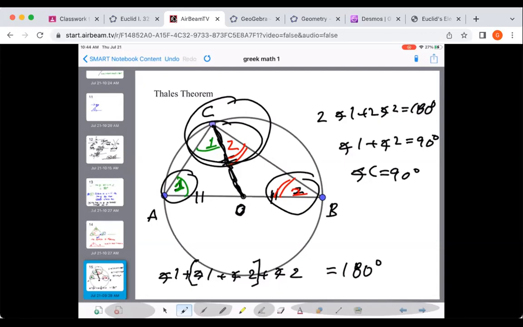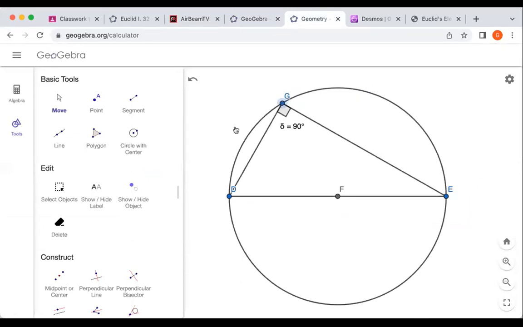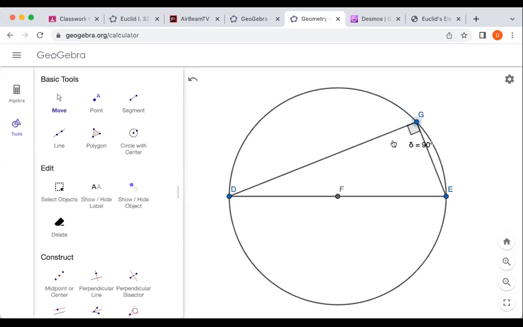Wow, because it proves something very surprising. That this angle, it wasn't just a coincidence that this became 90 degrees, but it had to be 90 degrees. But look at how it builds on the other theorem that the angle sum of a triangle is 180 degrees.